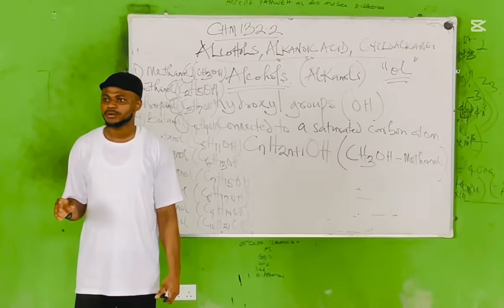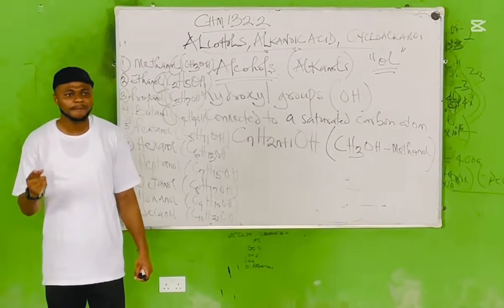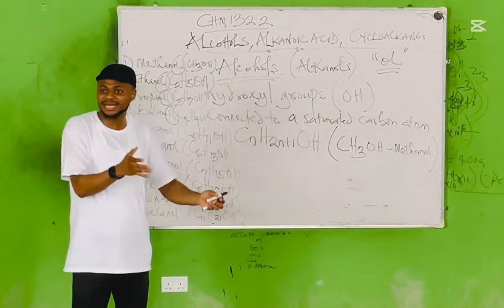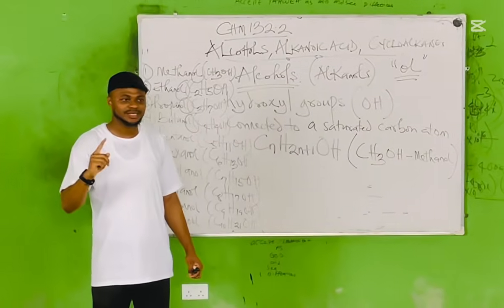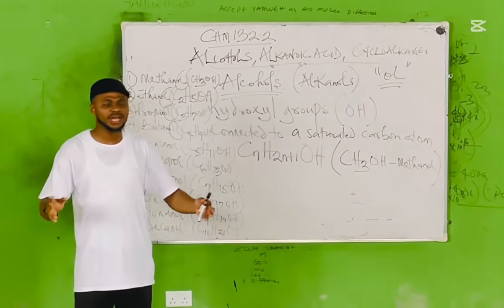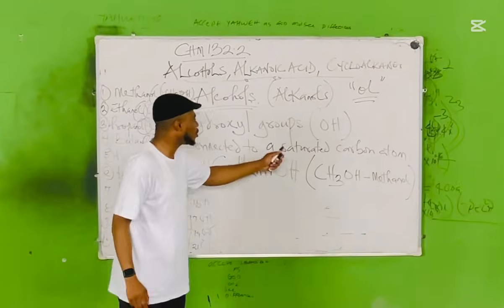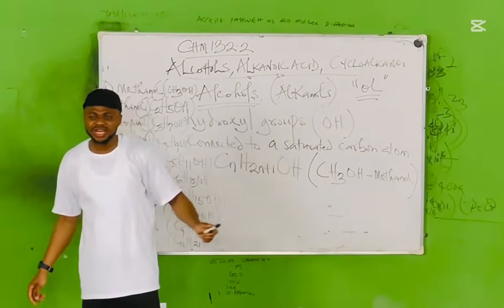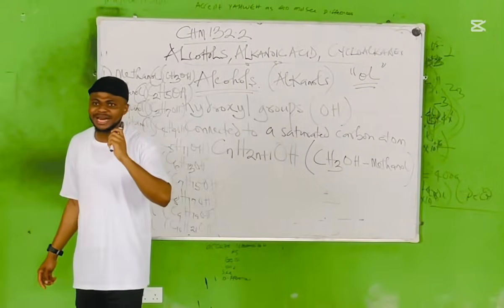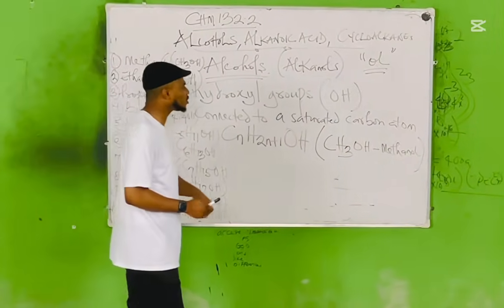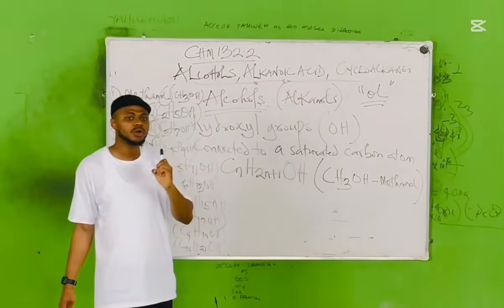Number two, number from the end of the chain which gives the hydroxyl group, in brackets OH, a priority as the smallest possible number.